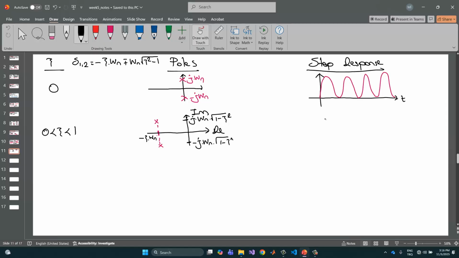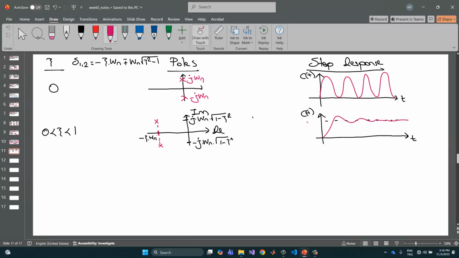And so what about the response of these terms? Yes. If we have the final positions, we have this kind of response, right?